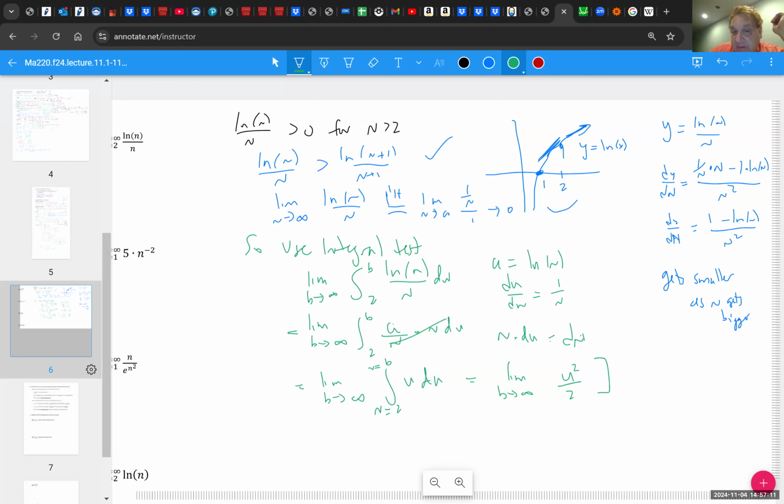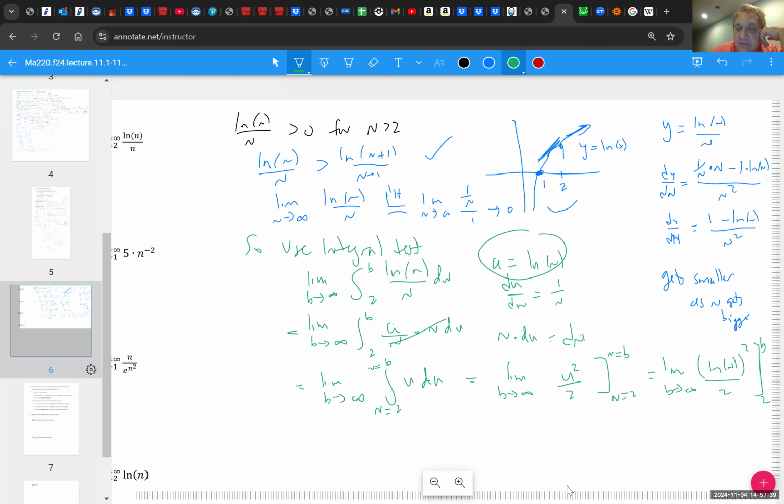We do have to evaluate these from 2 to b. I'm going to put the u back in terms of n's before I plug in the values. What was u? u was ln n, so it becomes (ln n) squared over 2. And now I can plug in 2 and b and take the limit.